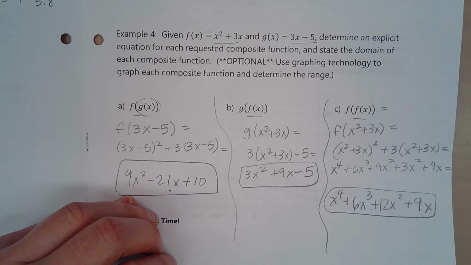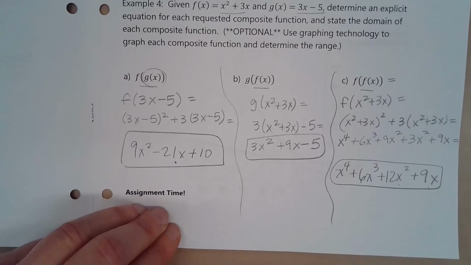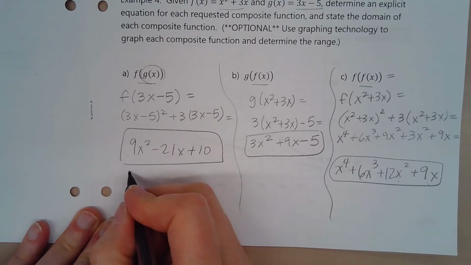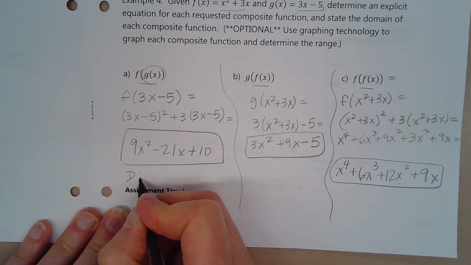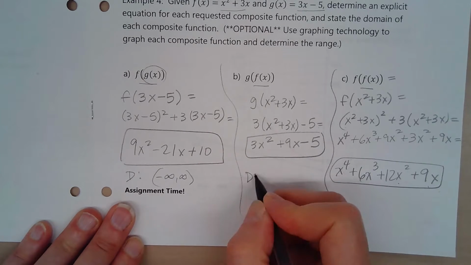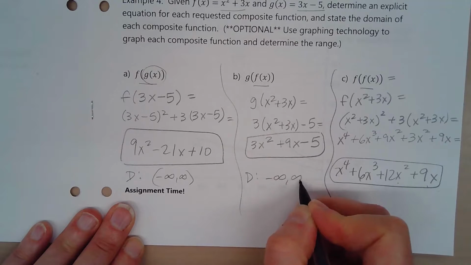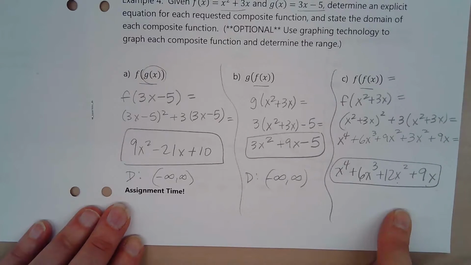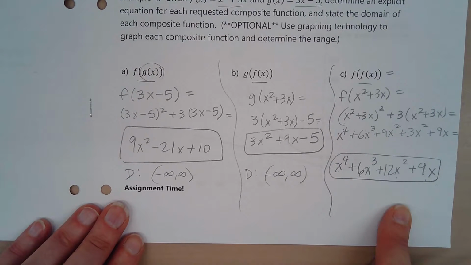State the domain of each composite function. Okay, well, what would the domain of a quadratic be? Yeah, all real numbers. Again, all real numbers. Okay, this one, yeeks, I'm not sure. Actually, it's a positive quartic, right?